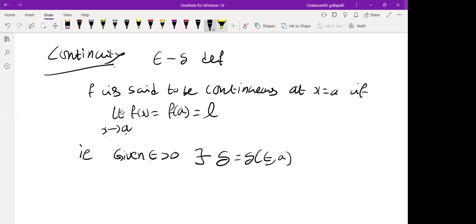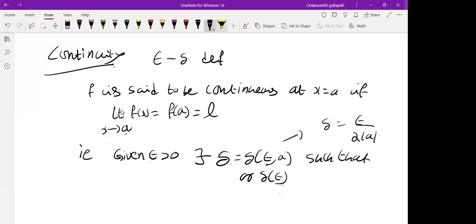If delta is a function of only epsilon, that is delta equal to epsilon by 2 or epsilon by 3, that is the meaning of delta being a function of epsilon, delta in terms of epsilon. But if you get delta as epsilon by 2a or epsilon a by 2, in terms of a, then we say delta depends on epsilon as well as on a. If we get delta equal to epsilon by 2 or epsilon by 3, we say it depends only on epsilon.